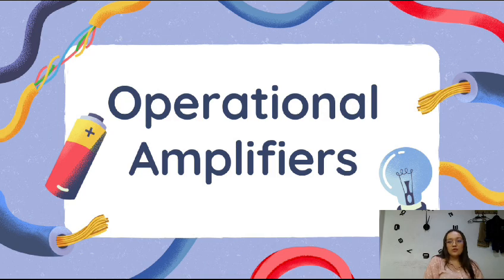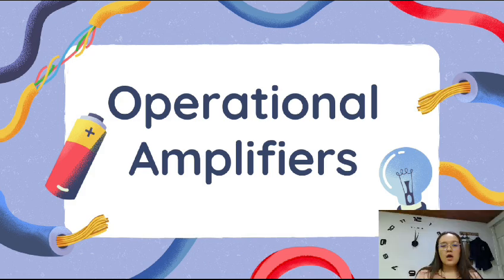Today we are going to dive into operational amplifiers, commonly known as op-amps. Op-amps are fundamental components in electronics, used in a wide variety of applications, from simple applications to complex mathematical operations and analog circuits.